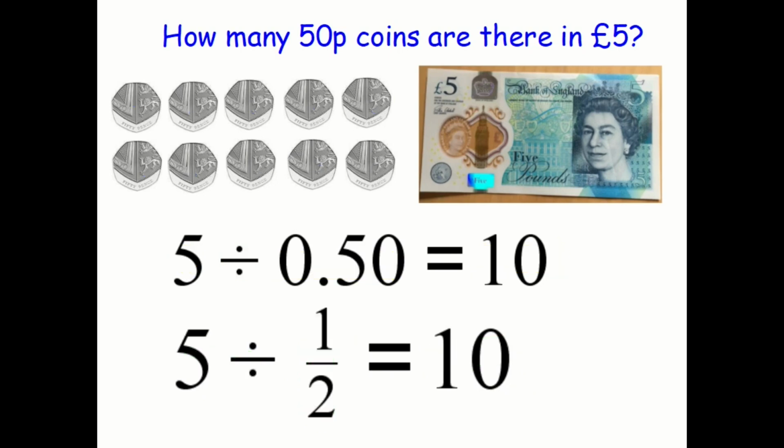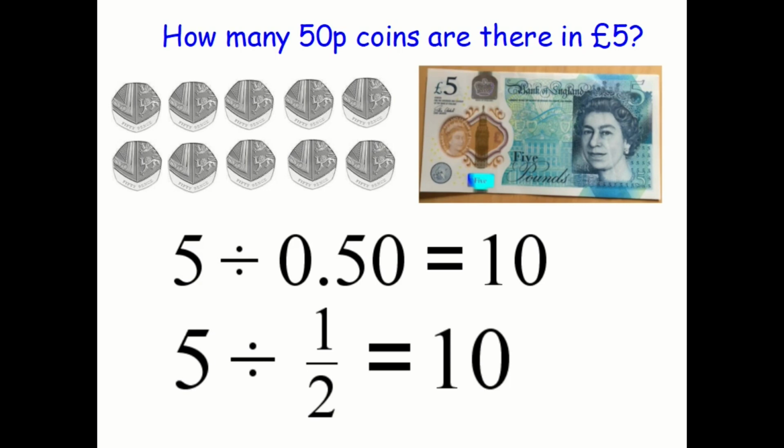So all these questions are different ways of saying the same thing. But I want you to notice that the £5 is actually at the front. Even though I'm saying how many 50p coins are there in £5, the 5 actually comes first. It's like the opposite of what you'd think it is.